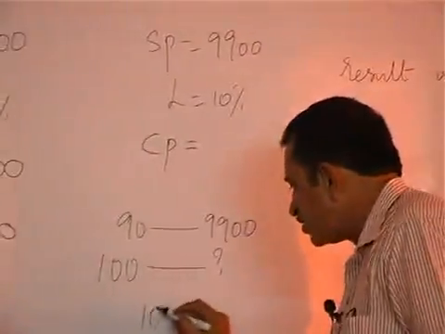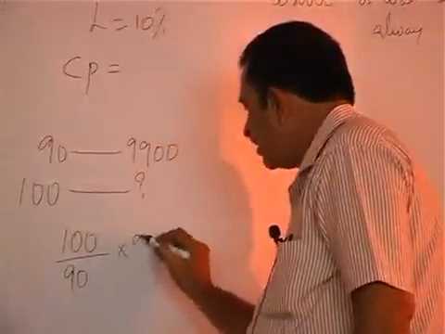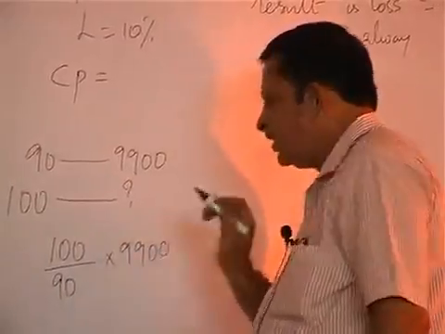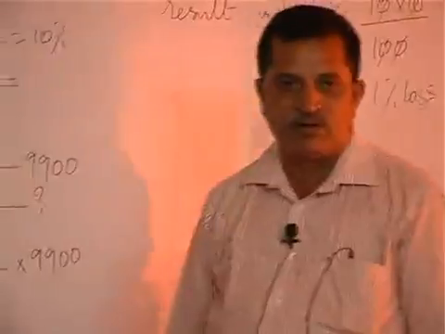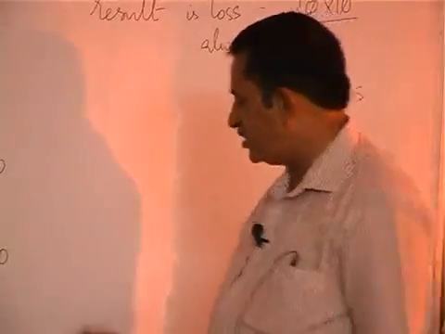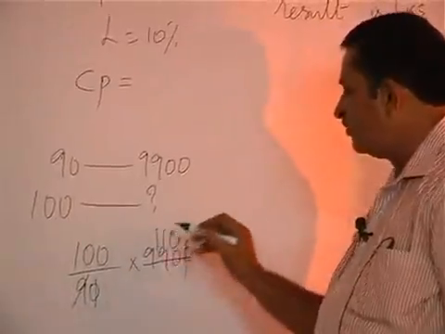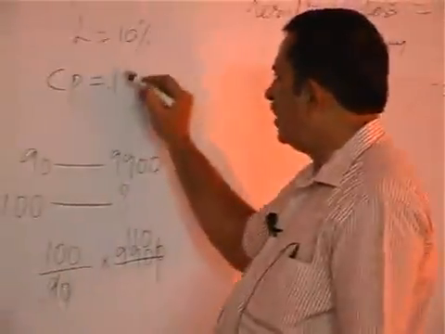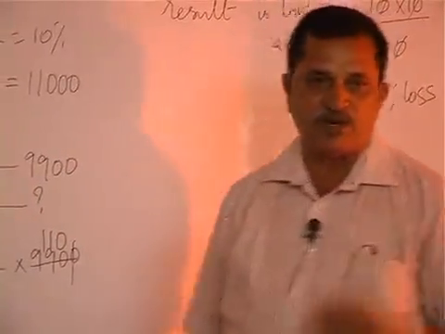It will be more. So more by less into 9,900. So how much? 11,000.